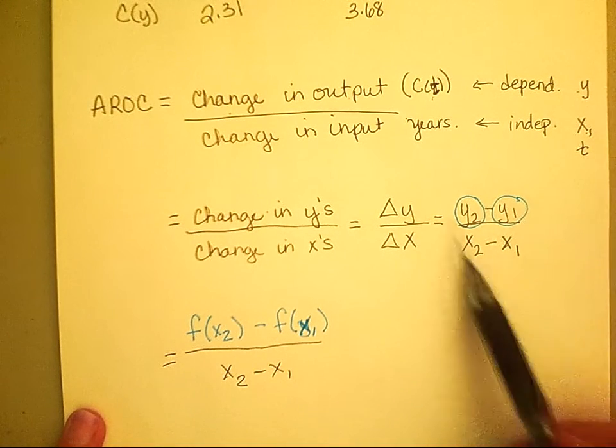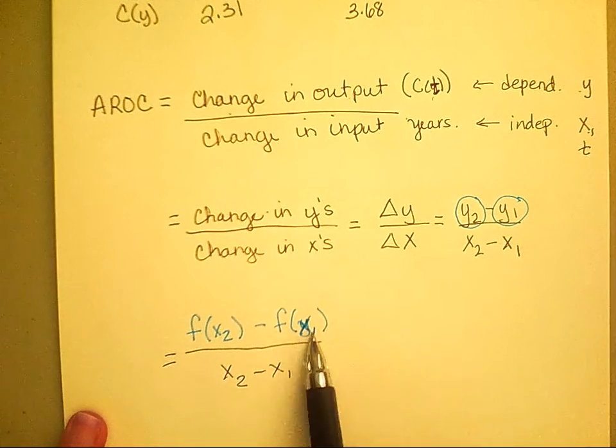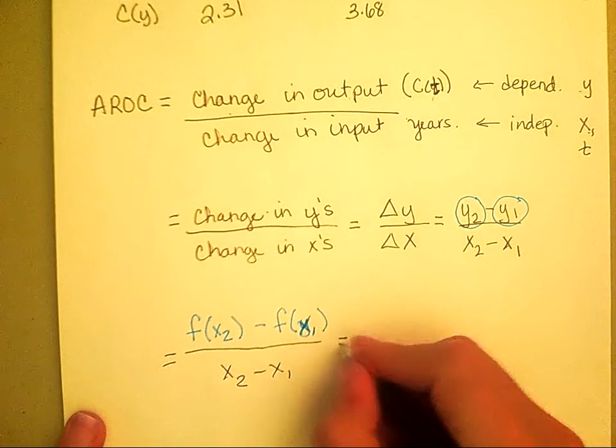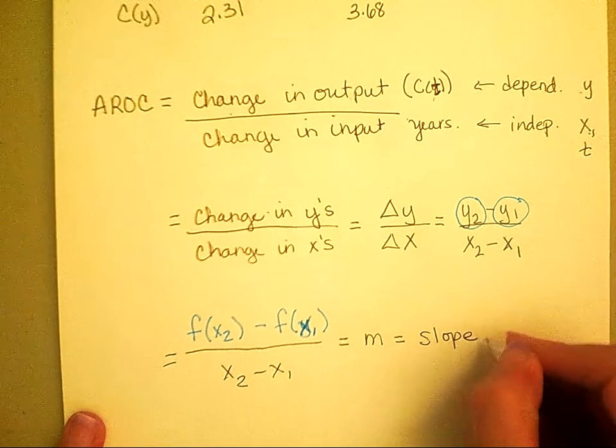And it's probably most familiar to us in this form, but all of this, the average rate of change, is really just slope between 2 points.